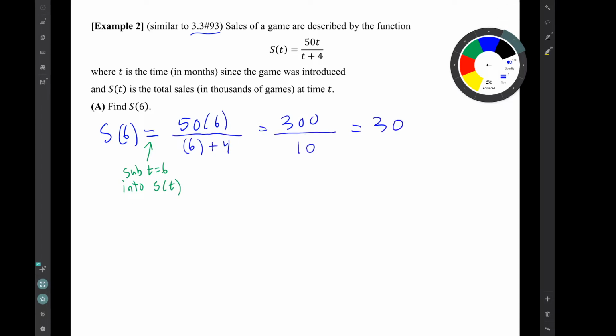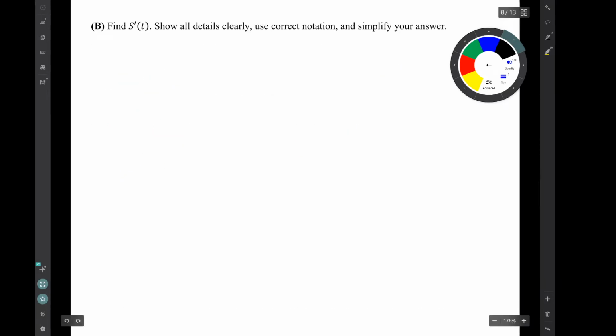The result is that S of 6 equals 30. Question B. Find S prime of t. All right, so we need to find the derivative. Now remember that the derivative is with respect to t, not x. So when we find S prime of t, we'll be doing d/dt, not d/dx.